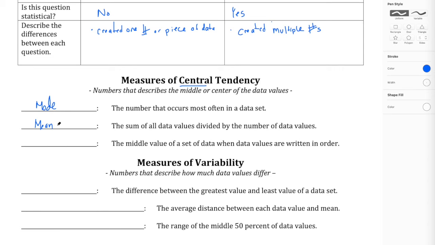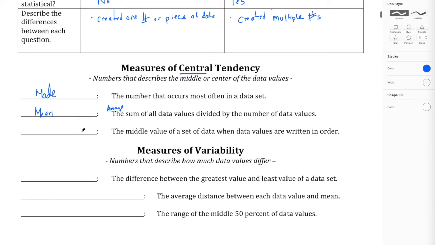In other settings, it is referred to as the average, but we are going to be using the word mean. It is the more official mathematical term. The middle value of a set of data, when the data values are written in order, is the median. Those all are different ways that we would be describing the center.